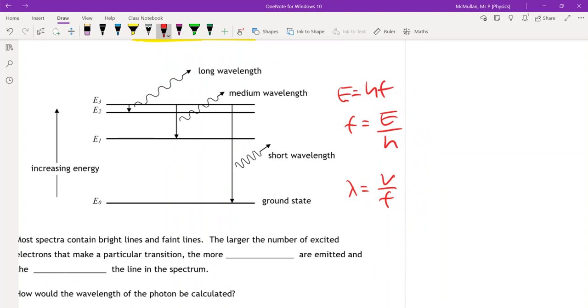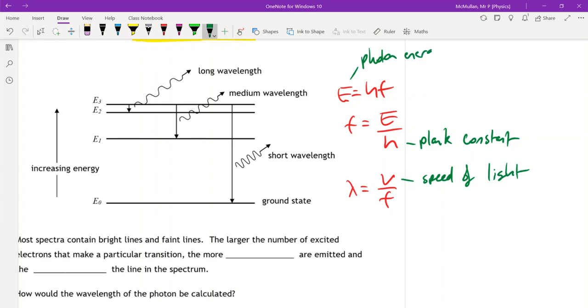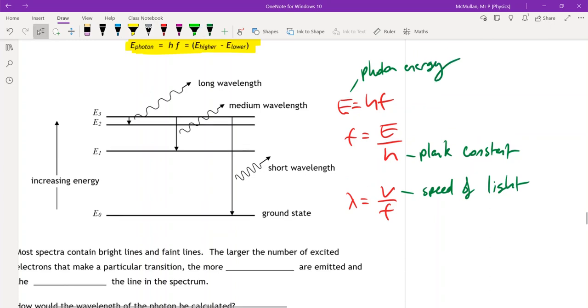E equals hf, f equals E over h: Planck's constant, speed of light, photon energy. Step 1, step 2, step 3, once you know the wavelength, you could then work out what colour.